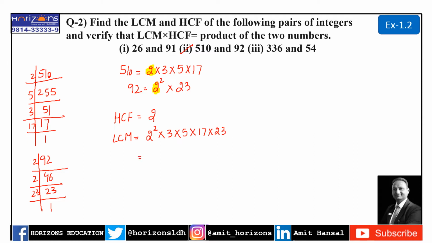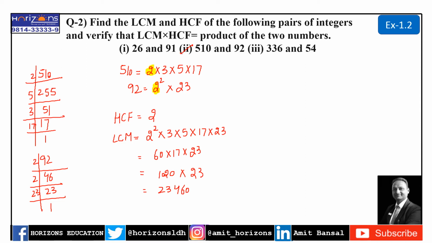So simply I'll get 60 into 17 into 23, and that is 1020 into 23. 1020 into 23 is equal to 23460.